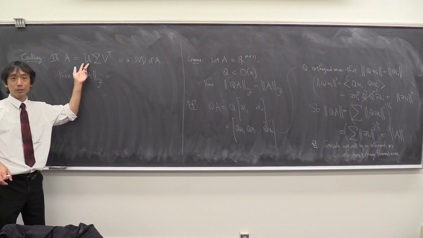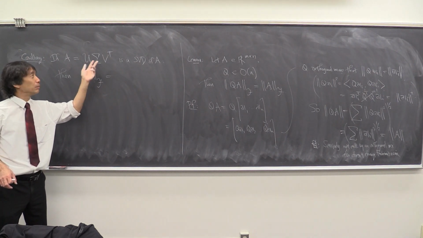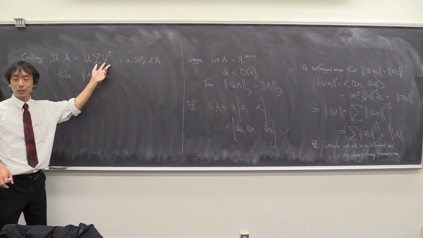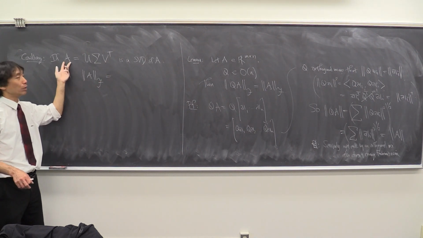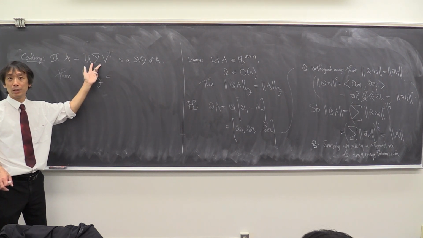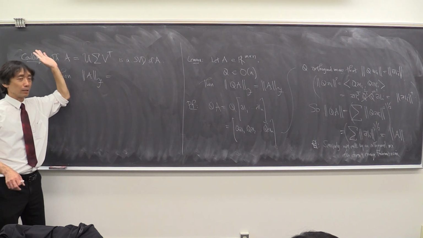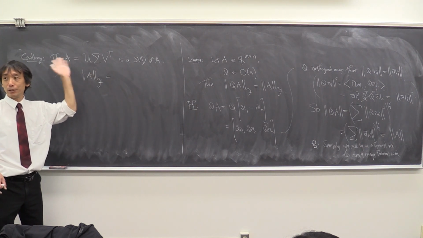This thing on the left is orthogonal. It's not going to change the Frobenius norm. This thing on the right is also orthogonal. Not going to change the Frobenius norm. So the Frobenius norm of A is the same thing as the Frobenius norm of sigma. Sigma was a diagonal matrix with little sigmas down the diagonal.